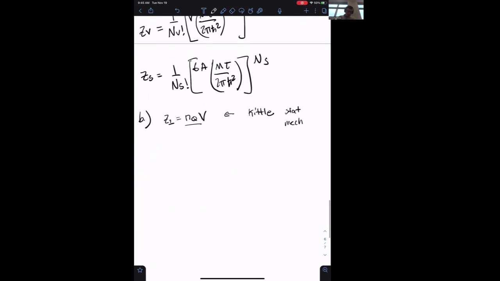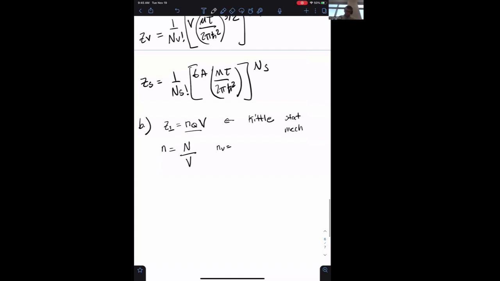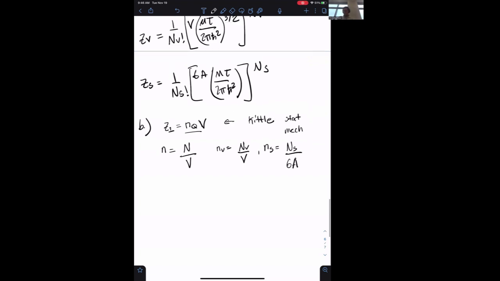We can also define another quantity here, little n, which is just the density of the particles. So, for example, in the volume, we have the density, so NV would be the number of particles in the volume, and NS would be the number of particles on all six sides of the cube, like that.